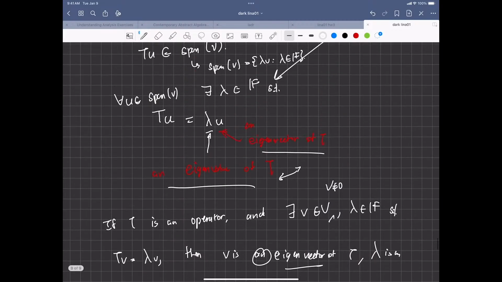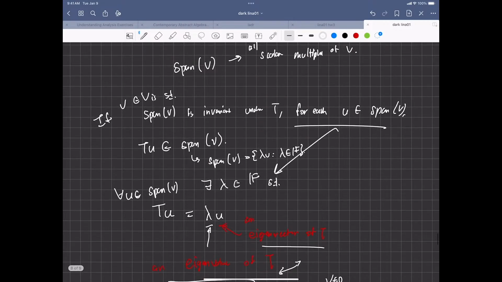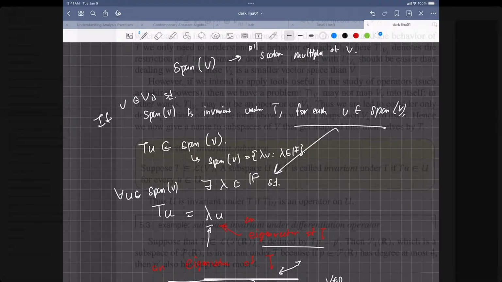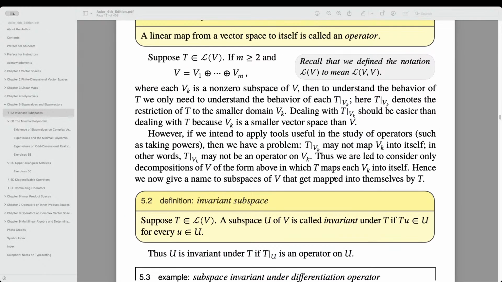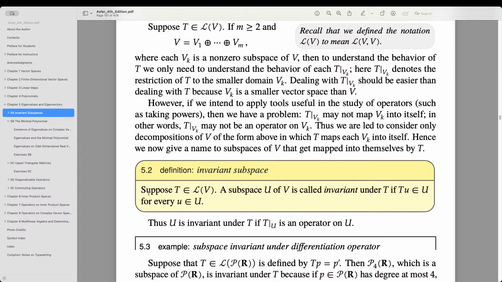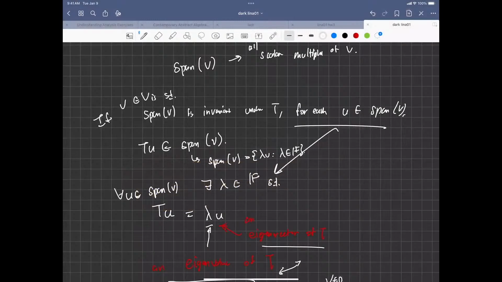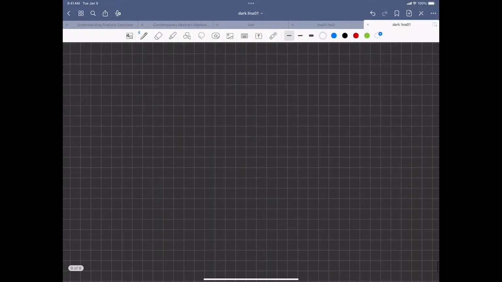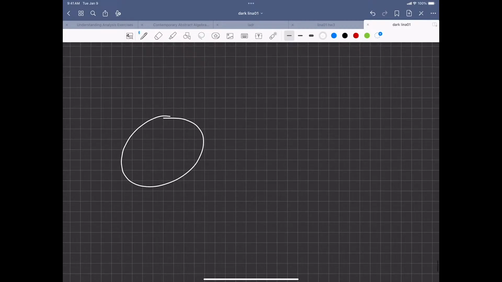Let me quickly pull up the textbook itself. The exact definition here is that a subspace is invariant under T if, for each u in U, if you apply T to u, then T of u also lies inside U. Let's imagine this as our space U, and this is a vector u.